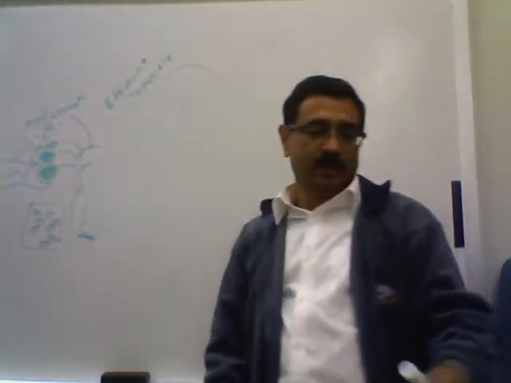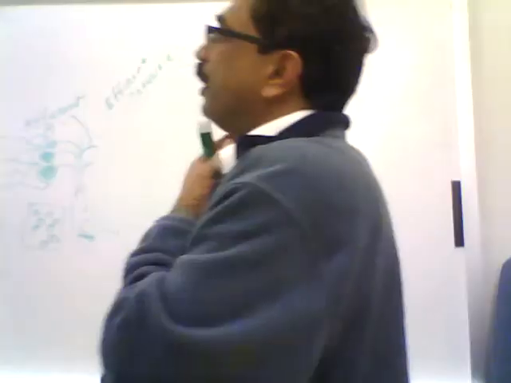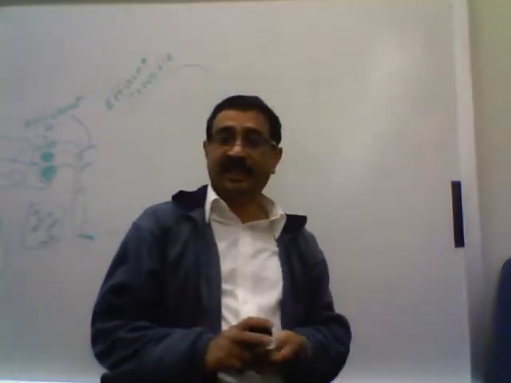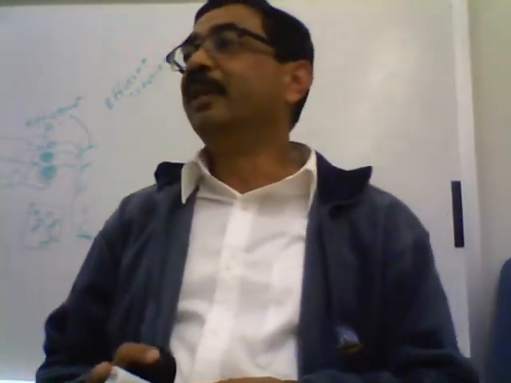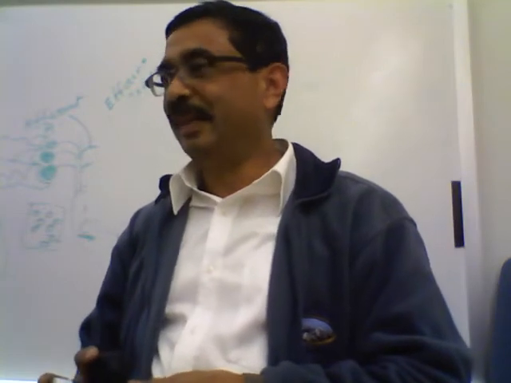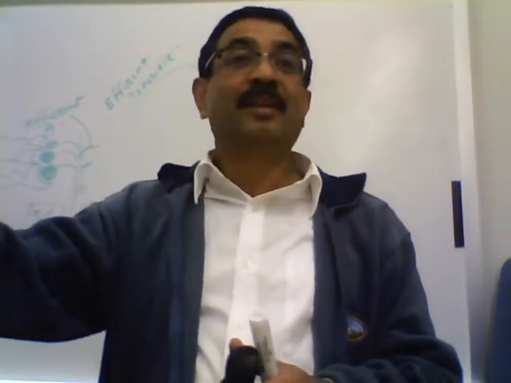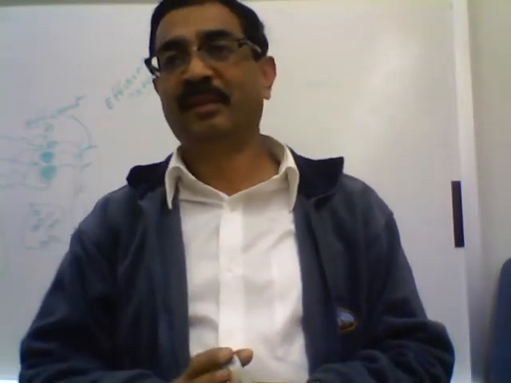So let's see, how many nephrons do you have in each kidney? Each kidney has approximately 1 million nephrons. Can you believe that? Inside this much organ you have about 1 million nephrons.